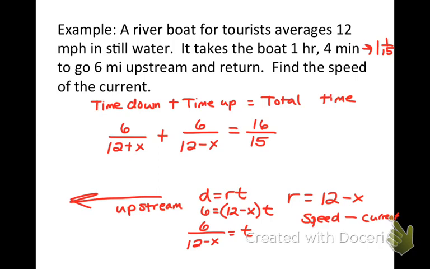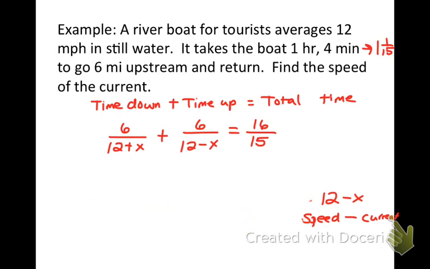Can we solve that equation? Yeah. Hopefully you did it for your homework. What do I need for the first fraction that's not there? Good. 15 and 12 minus x. So times a 15 times a 12 minus x.